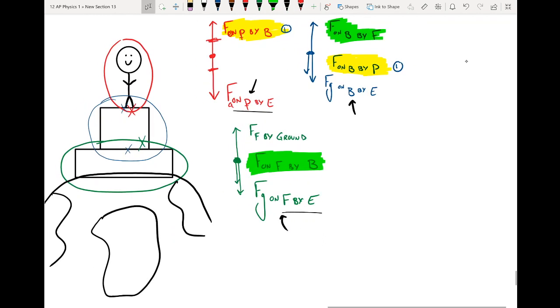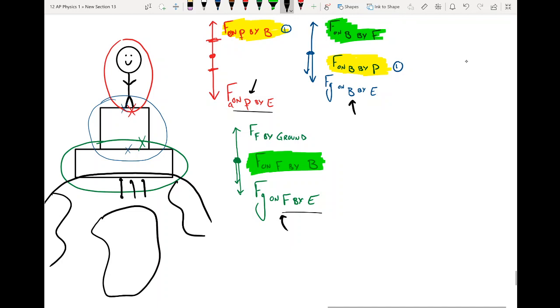So yes, the Earth is pulling all these things down, but there's also an equal and opposite force from these three objects that is pulling upwards, acting on the Earth. So whenever you're standing on the Earth, it's pulling on you, but gosh dang it, you're also pulling on it, which is kind of cool.